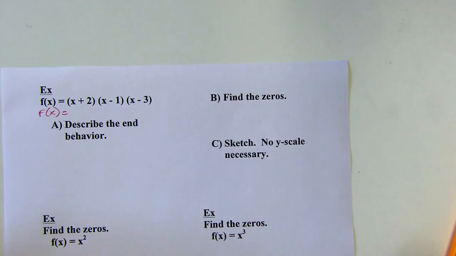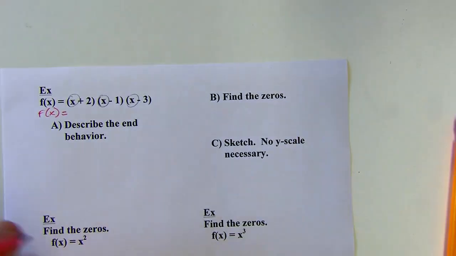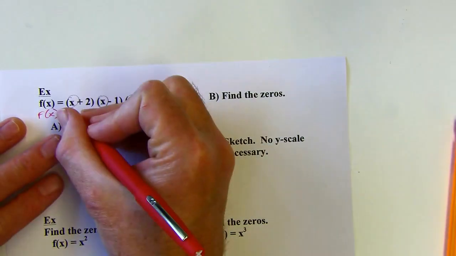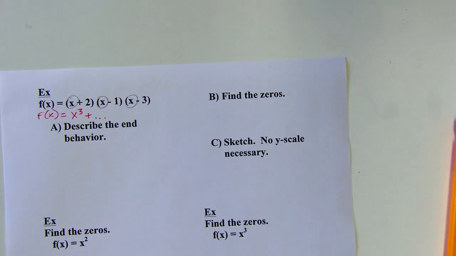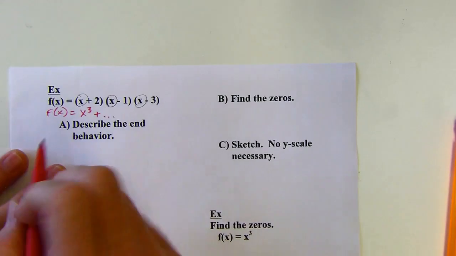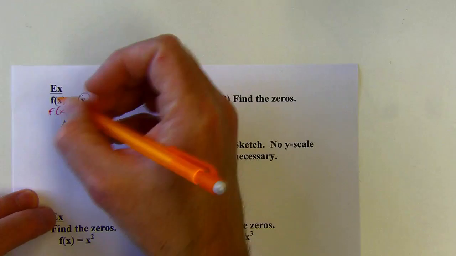What I'm going to do is just take the first term of each of these binomials and imagine if I did all the multiplying, x times x times x is x to the third, and then I'd have a bunch of other stuff. And I really don't care what the other stuff is for finding the end behavior. Okay, I've got enough information here to find the end behavior. So I can see that I've got a positive leading coefficient.